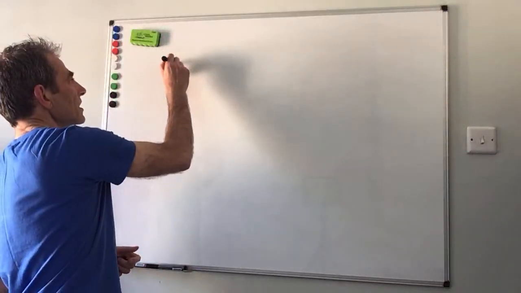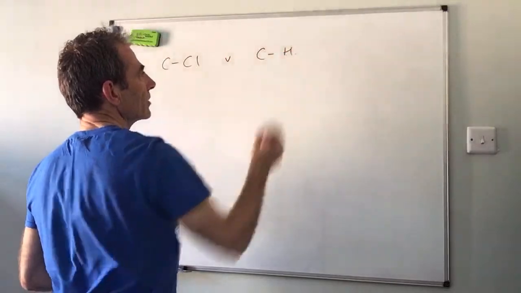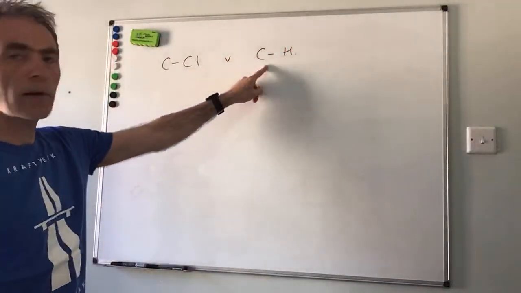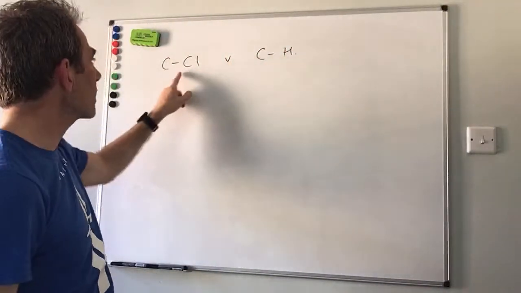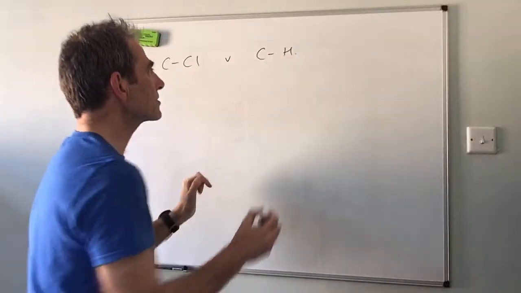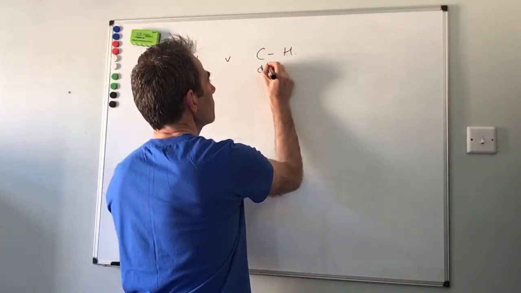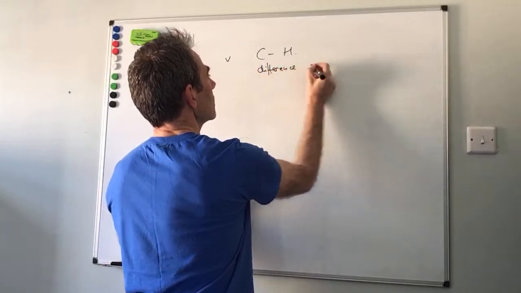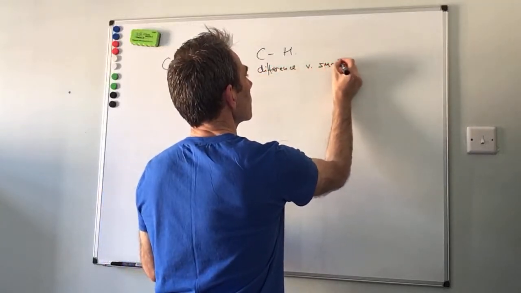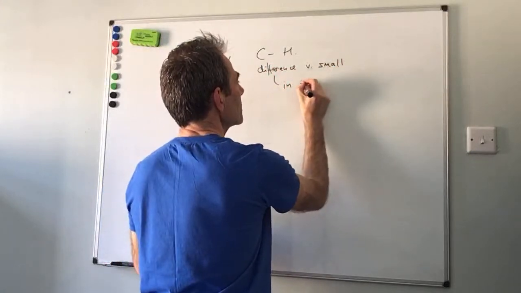So you've got the C-Cl bond versus the C-H bond. In both of the bonds, you have got different atoms. In the C-H bond, the difference is only very, very small, okay? So difference is very small, and by that I mean difference in electronegativity.